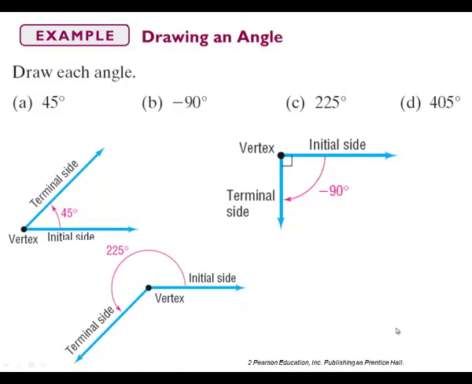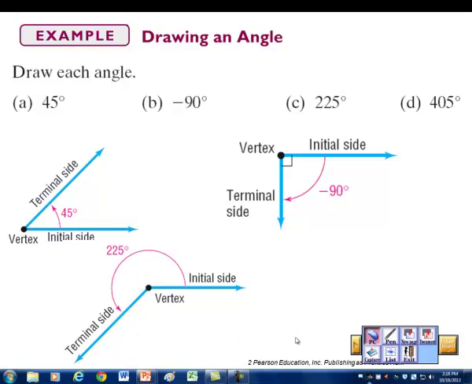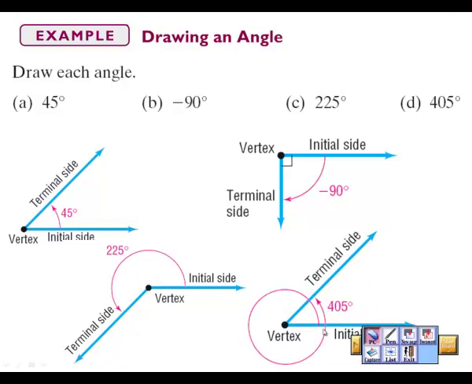One way to look at this is from here to here, that's 180 degrees, and this is 270 over here, going all the way around to this. So 225 is in between 180 and 270, so that would put us in quadrant 3. And then 405 degrees does a full 360 and then continues on through that, to give you more than one revolution.